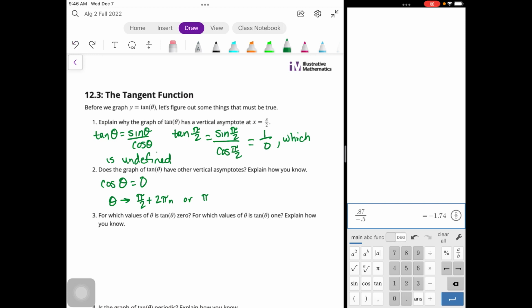Because remember, on the unit circle, we have all of those values down there on the y-axis where your cosine is 0.